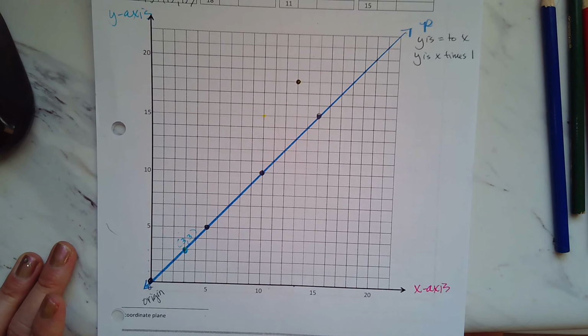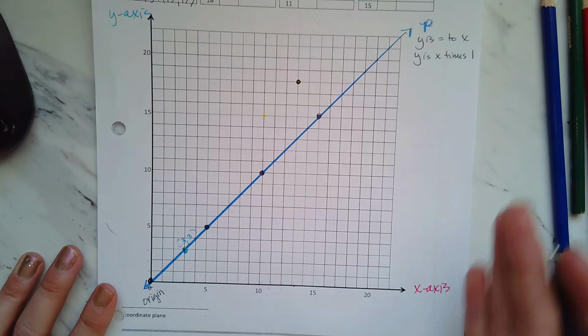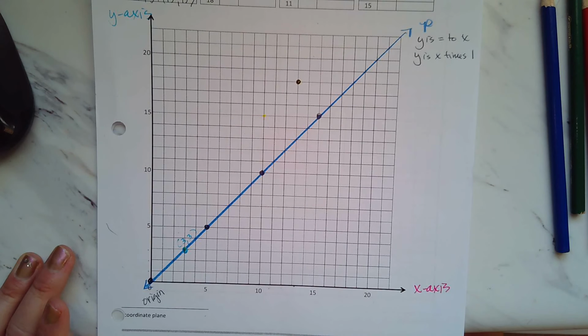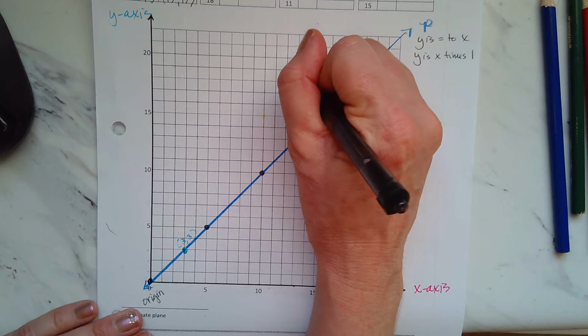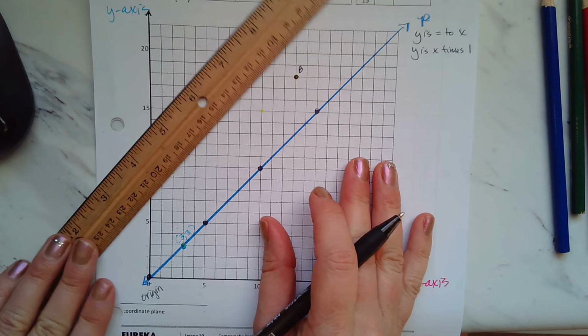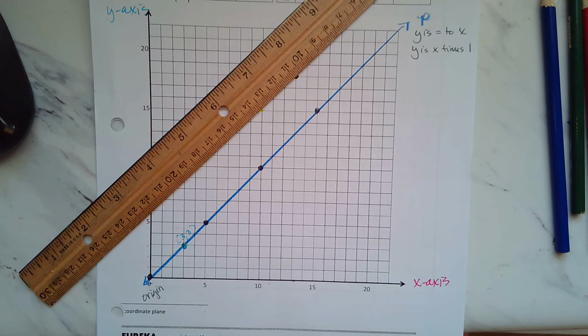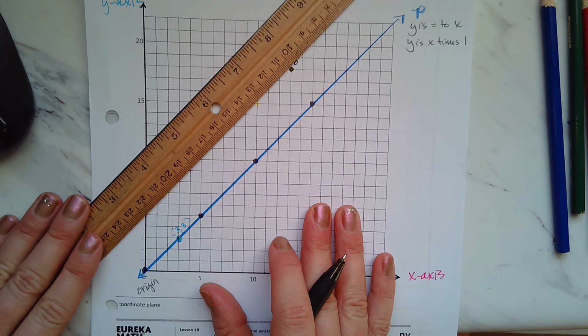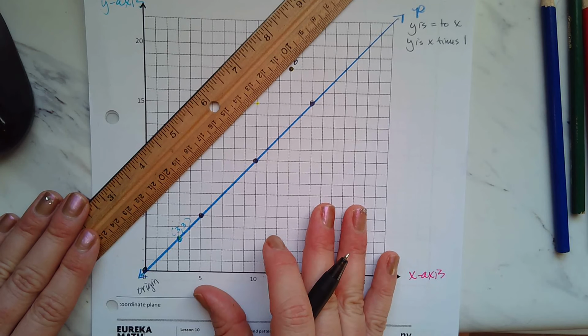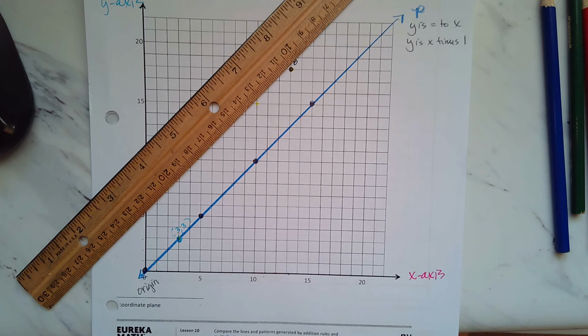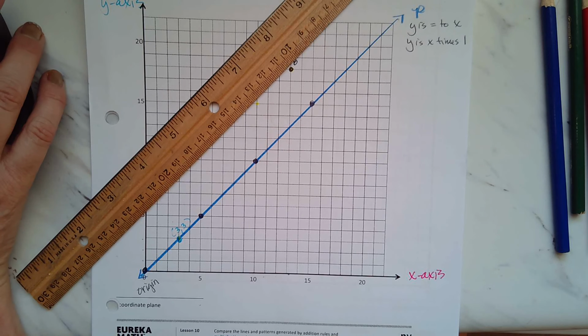Now, on this coordinate plane, use your straight edge or your set square to construct line B so that it is parallel to line P and contains point B. Oh, we're going to name this point B. So you are going to construct a line that is going to cut through point B, but is parallel to P. Go ahead and try that and come on back.